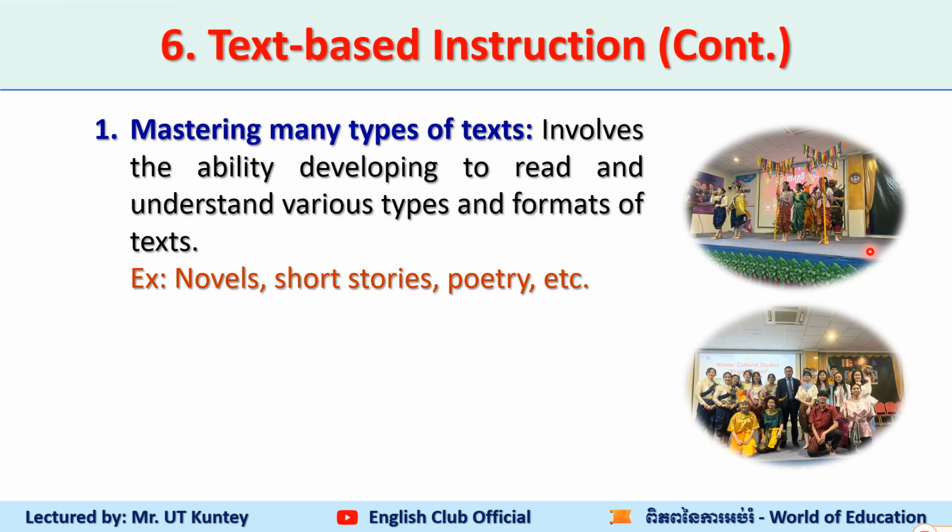If the student has high ability and is able to understand the various types and formats of text, the student can use mastering many types of text. So we have to improve or develop the student's ability in order to read or understand this kind of text.